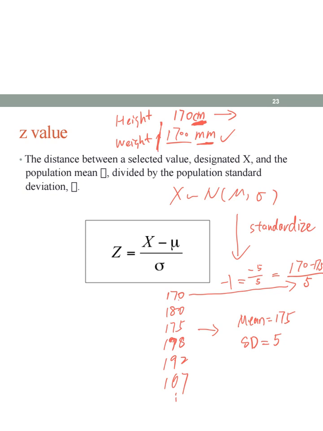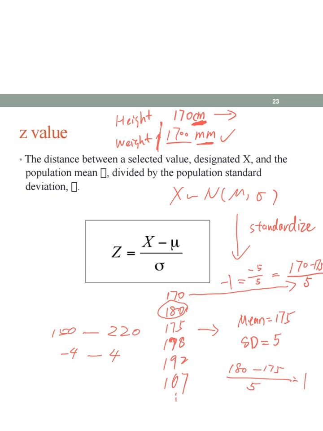Maybe my original values vary from 150 to 220 centimeters for the height of a human being. If I do the standardized version, I find the majority of the data is around 0, and maybe the range is from -4 to +4. If I have data of 180 and want its standardized version, I use 180 minus the mean over the standard deviation, so it is equal to +1.